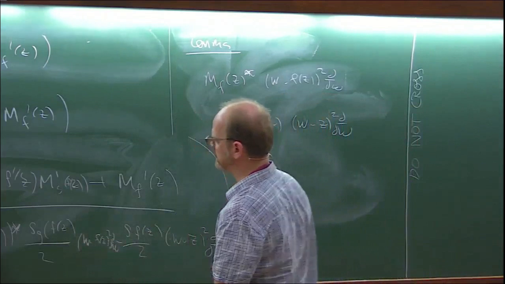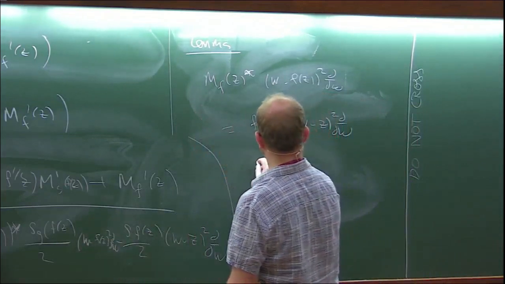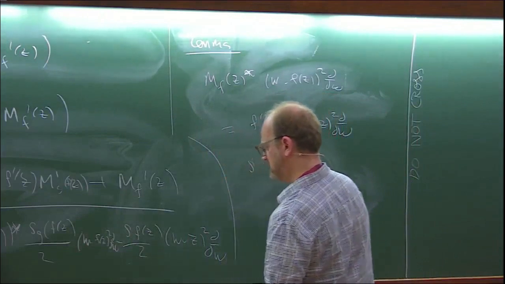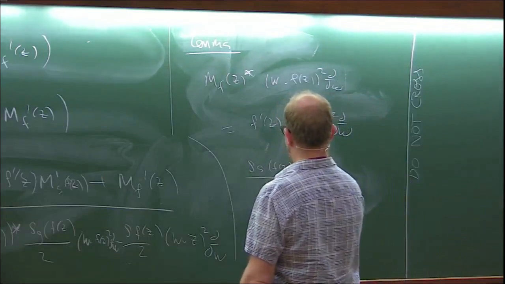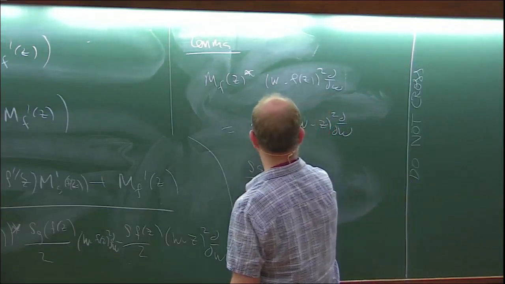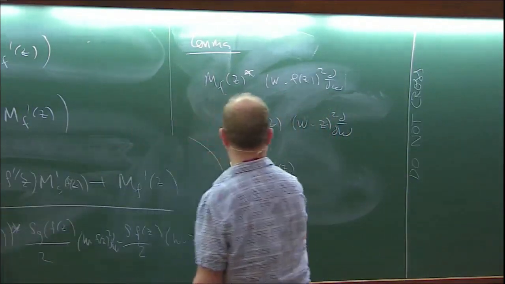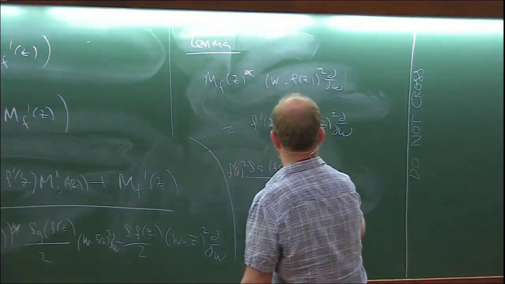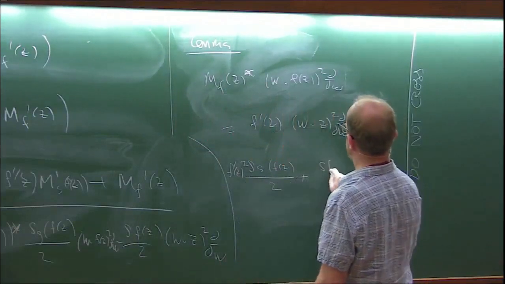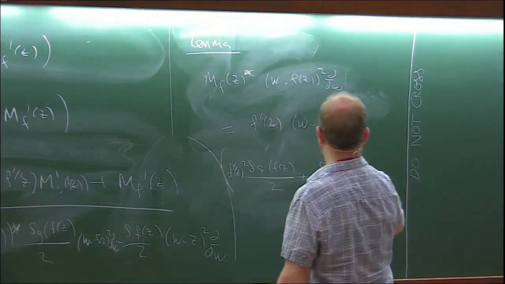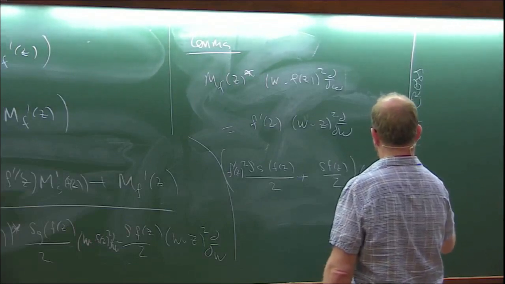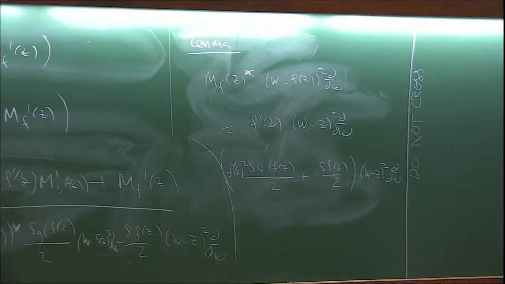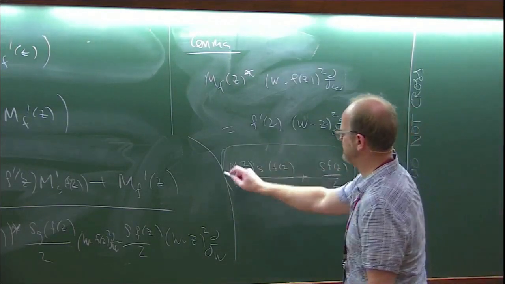All right, so when you write this all out, we get the Schwarzian of g evaluated at f of z over 2, and there are two f primes here, one here and one here, plus the Schwarzian of f at z over 2, all times w minus z squared dw. So the numerator here gives us the composition rule for the Schwarzian.